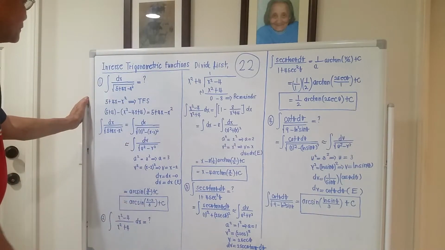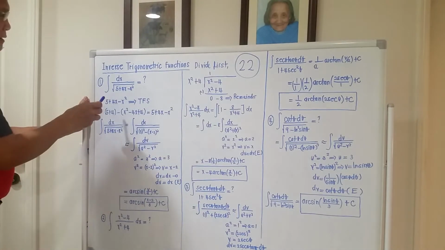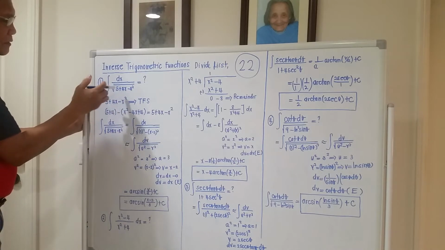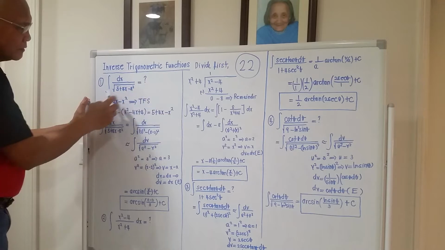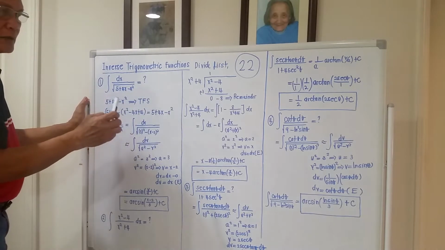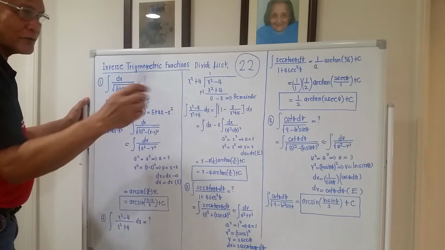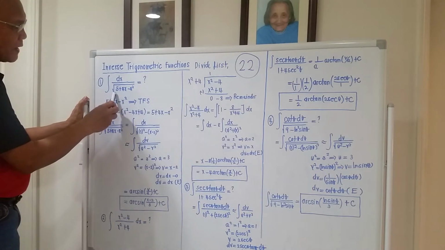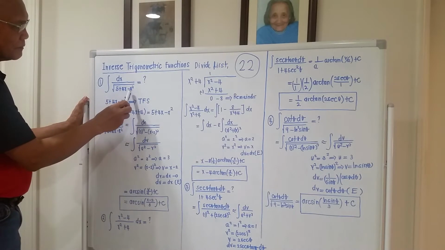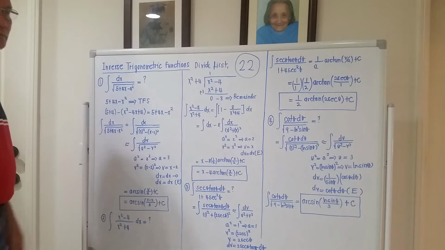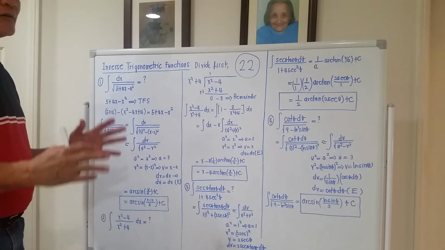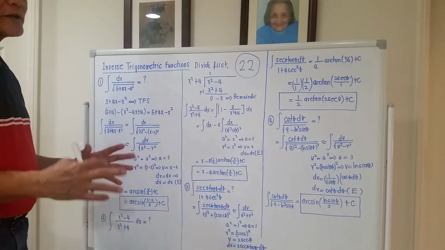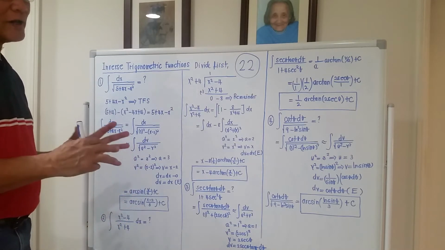Example number 1. The integral of dx over the square root of 5 plus 4x minus x squared. We are given an algebraic function inside. To solve this problem, always think of the formula and how to take the integral of an inverse function.